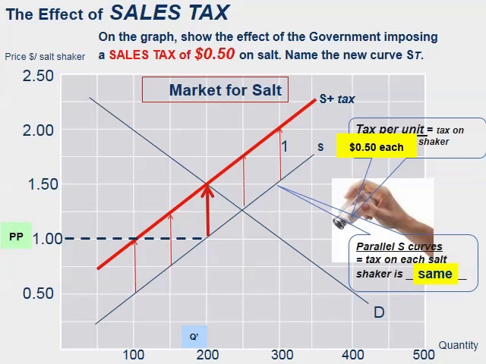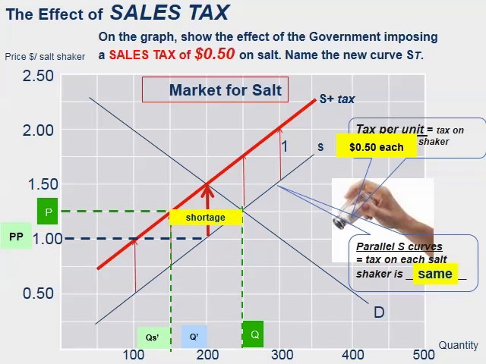So we can raise the supply curve by 50 cents per unit at each quantity, as you have seen. And so we can now plot our new supply curve.